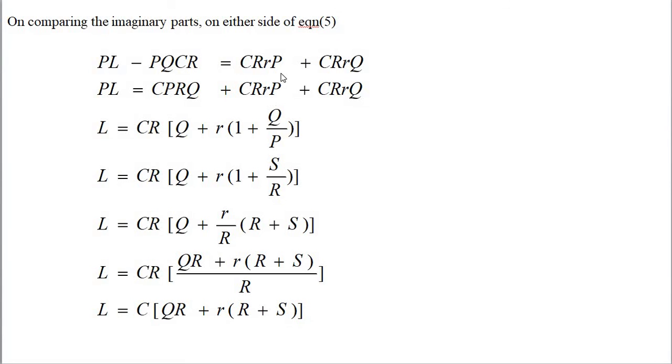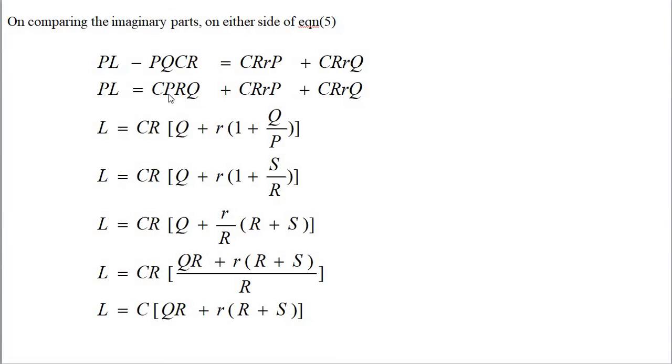plus CRRP plus CRRQ. So this CR is common, so we can take CR common, that is CR into, okay, here we multiply all terms with P, so this P and this P get cancelled, here the Q by P term will be here.